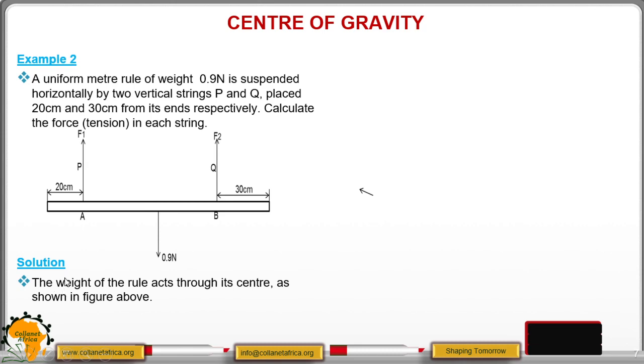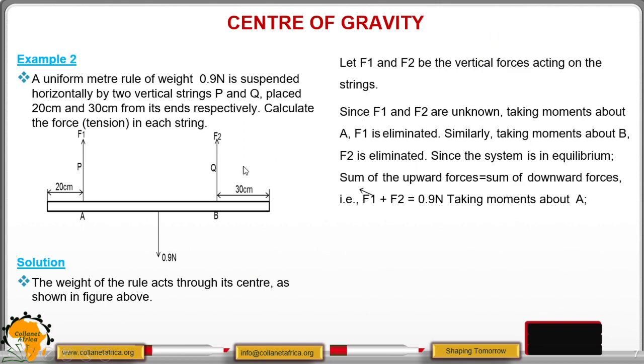So the solution: the weight of the rule acts through its center, as we have seen, and let F1 and F2 be the vertical forces acting on the strings. Since F1 and F2 are unknown, taking moments about this particular point, F1 is eliminated. Why?